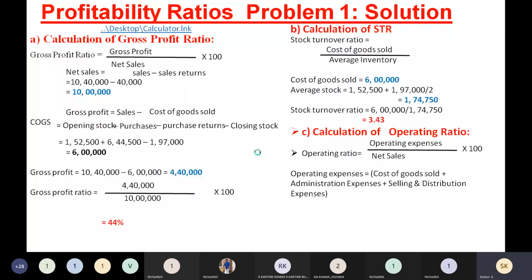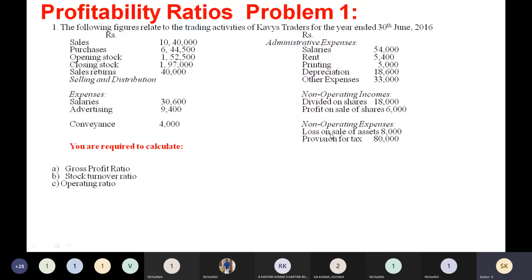See your administrative expenses. Whatever information is given under administrative expenses, you add that. And under selling and distribution expenses, some information is given too: salaries, advertising, conveyance. So add these things.